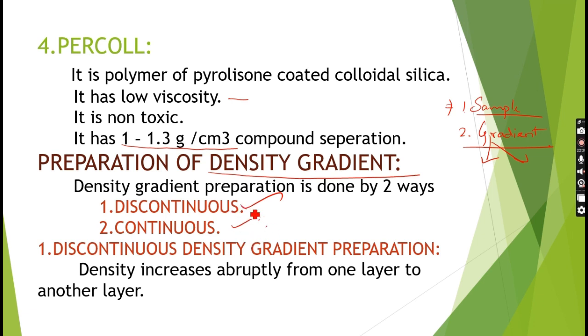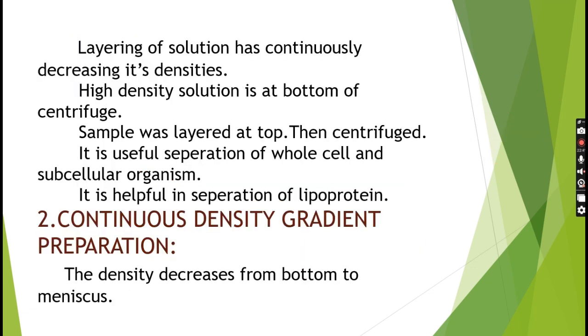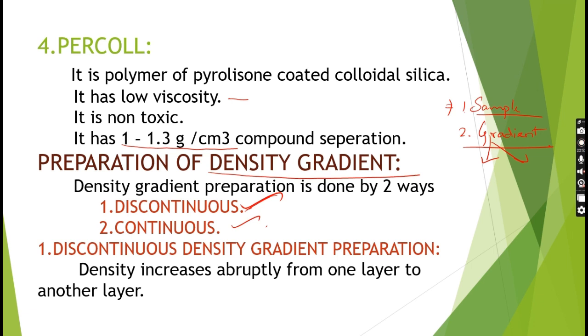In the case of the discontinuous process, there is a gradient which is not going to be continuous. They are going to have greater differences in their gradient density. That means the density of the gradient is going to increase abruptly, where there are no steady or gradual changes.